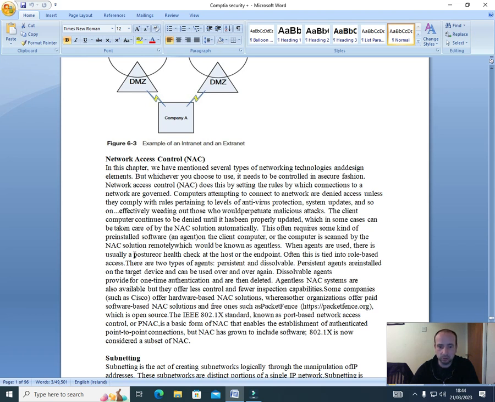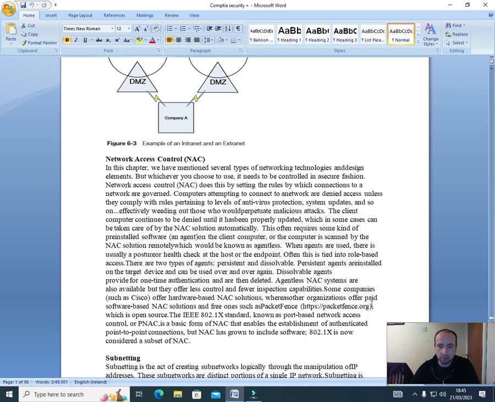When agents are used, there is usually a posture health check at the host or the endpoint. Often this is tied into role-based access. There are two types of agents, persistent and dissolvable. Persistent agents are installed on the target device and can be used over and over again. Dissolvable agents provide for one-time authentication and are then deleted. Agentless NAC systems are also available, but they offer less control and fewer inspection capabilities. Some companies such as Cisco offer hardware-based NAC solutions.